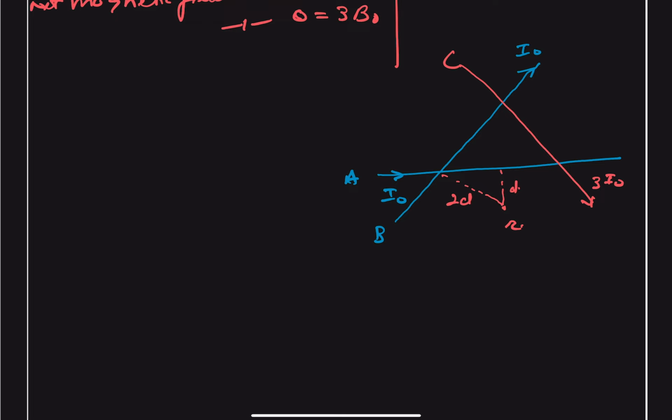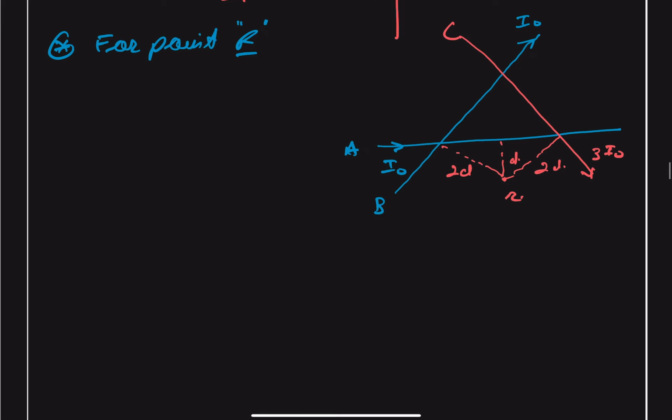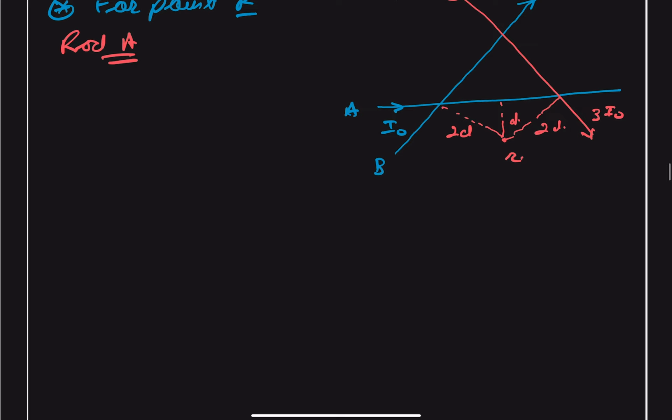So now it is quite simple. We got all the necessary values. So for point R, for rod A, we can write that the magnetic field B naught due to A at point R will be equal to B naught, and this will be into the paper.